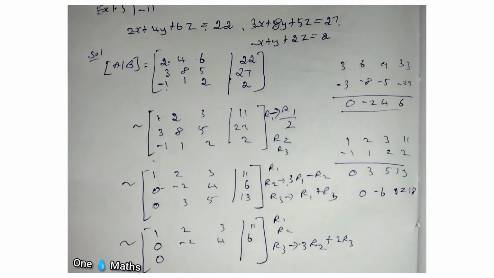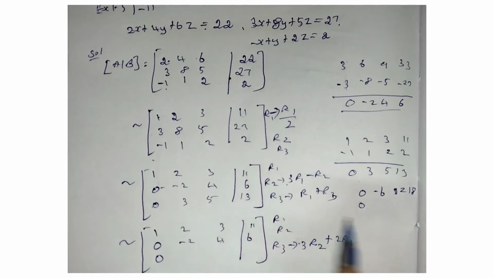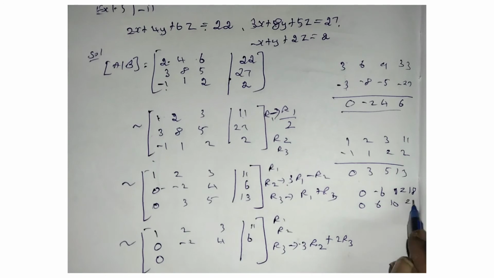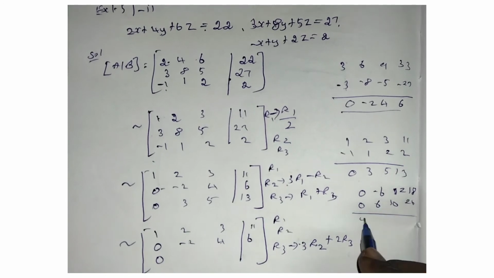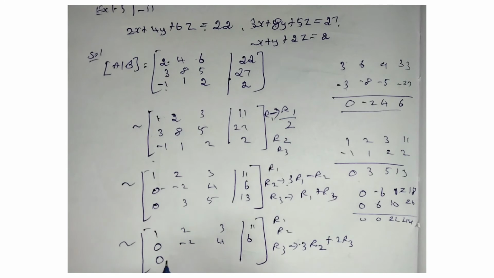Now we multiply 2 with R3: 0, 2 3s are 6, 2 5s are 10, 2 13s are 26. Now different signs, so 0 will come. Here 22, and 18 plus 26 becomes 44. Then write the values of R3: 0, 0, 22, 44.